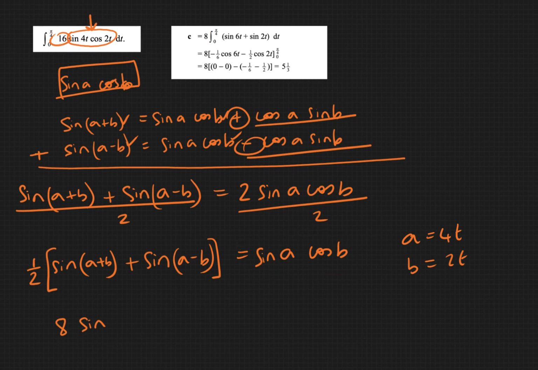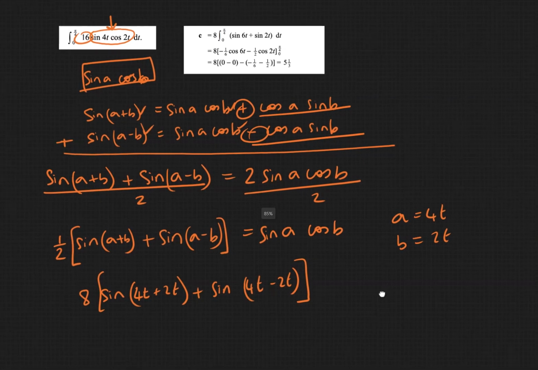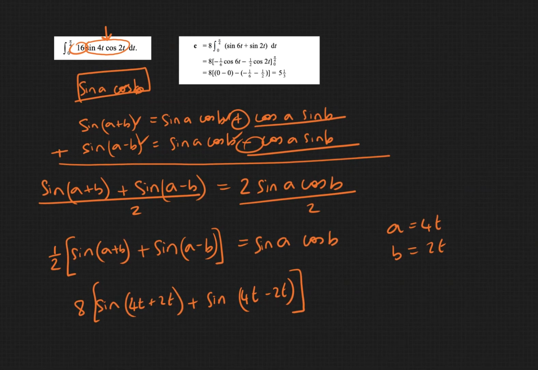So this becomes sine 4t plus 2t plus sine 4t minus 2t, and then we can simplify it, and you'll see we're actually going to get to this point here.